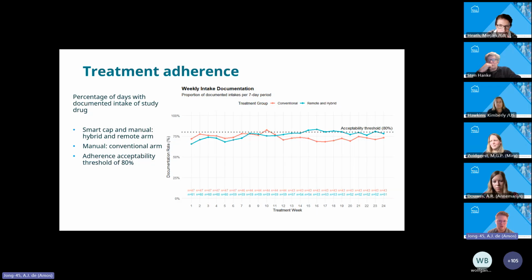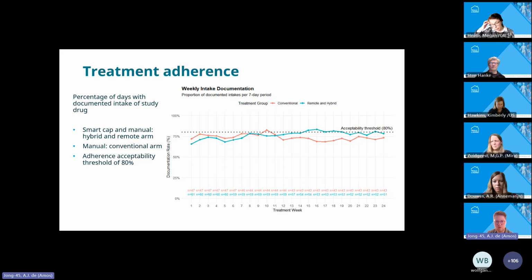In this figure, you can see the documented treatment data over time. You see the treatment weeks or the follow-up weeks on the x-axis, week 1 to 24. In red, you see the conventional arm, and in blue, you see the remote and the hybrid arm that use the same way of collecting this adherence data.